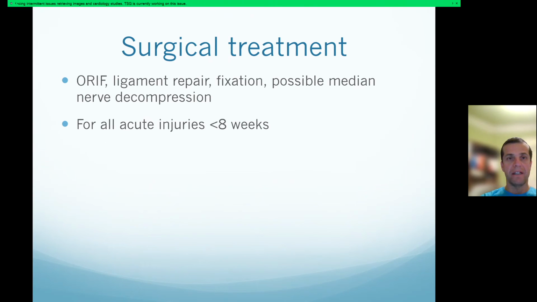The goal of the treatment is always fixation of any fracture, ligament repair, fixation of all dislocations, and median nerve decompression if necessary. That should be done for all acute injuries, and we define an acute injury as one that has been seen within 8 weeks from the injury at this point.